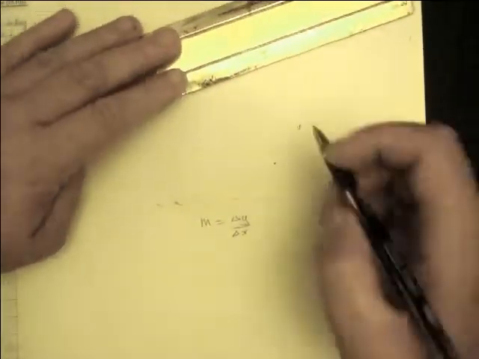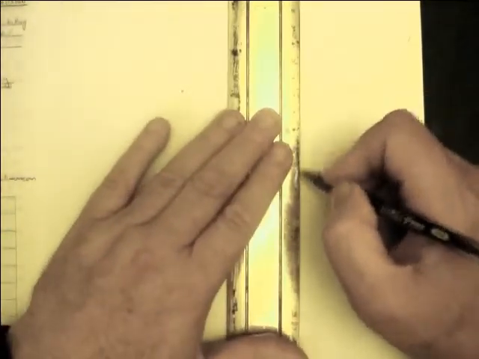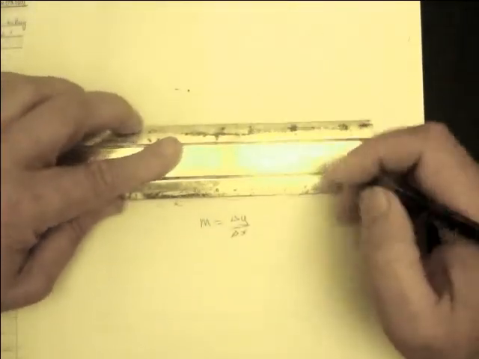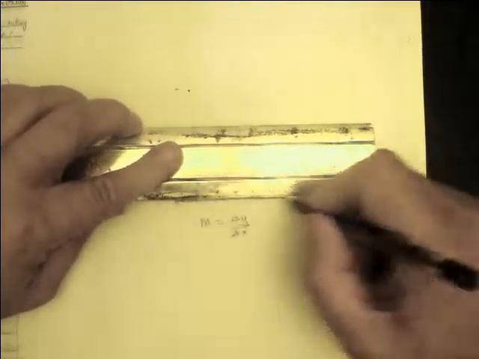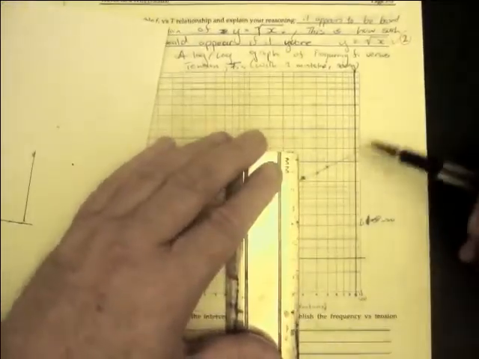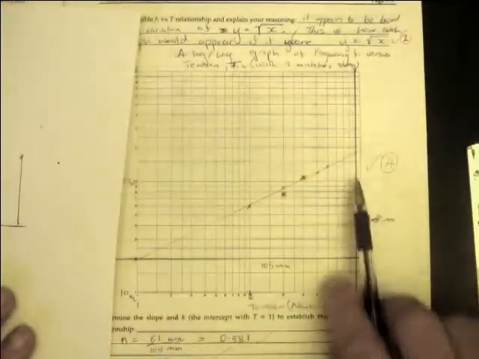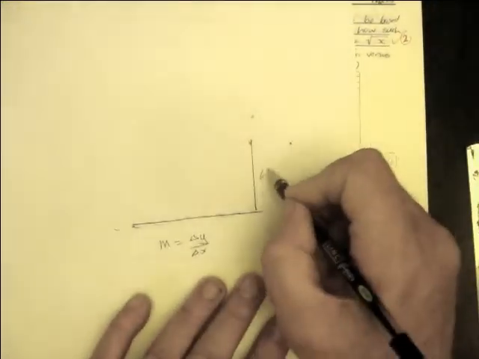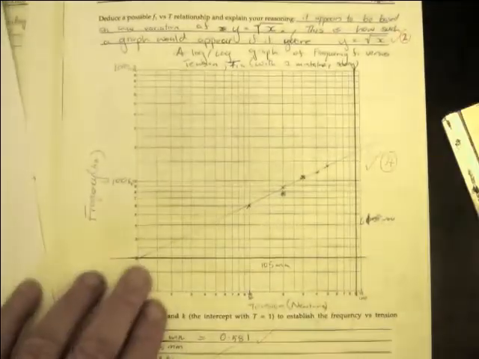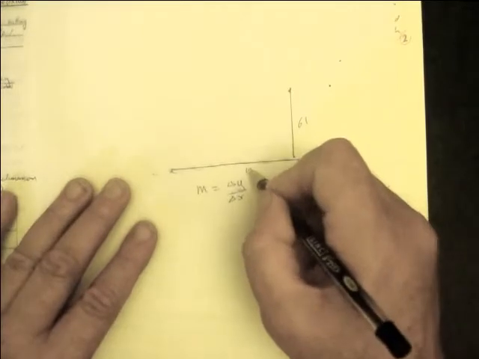What I do is, if these are my points, I use a ruler and I physically measure off my graph. I measured it to there, and that was 61 millimetres high. And then I measure, so basically I've got a right angle triangle. I've measured that, that's 105 millimetres.